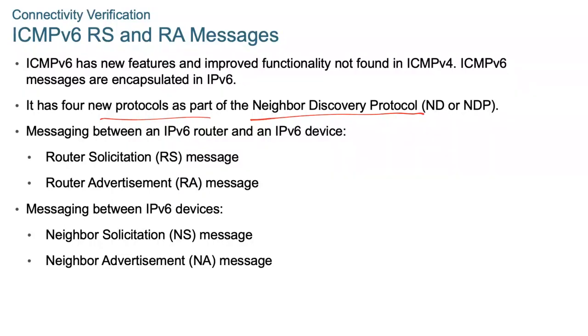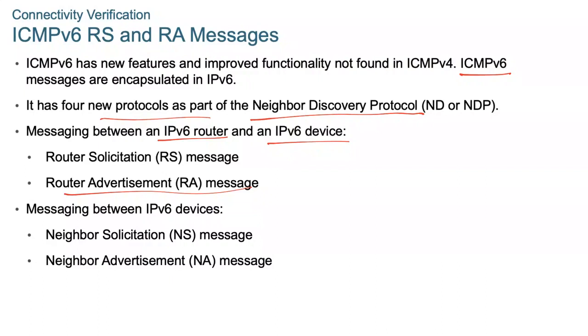So in this neighbor discovery protocol, messaging between the IPv6 router and IPv6 devices. Devices means your end devices. So the router solicitation message and the router advertisement messages are included. These are the additional functions of ICMP version 6.